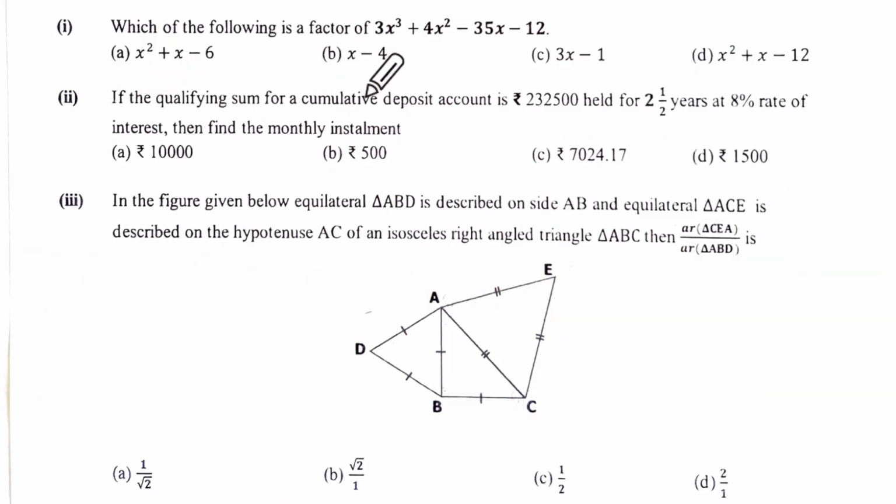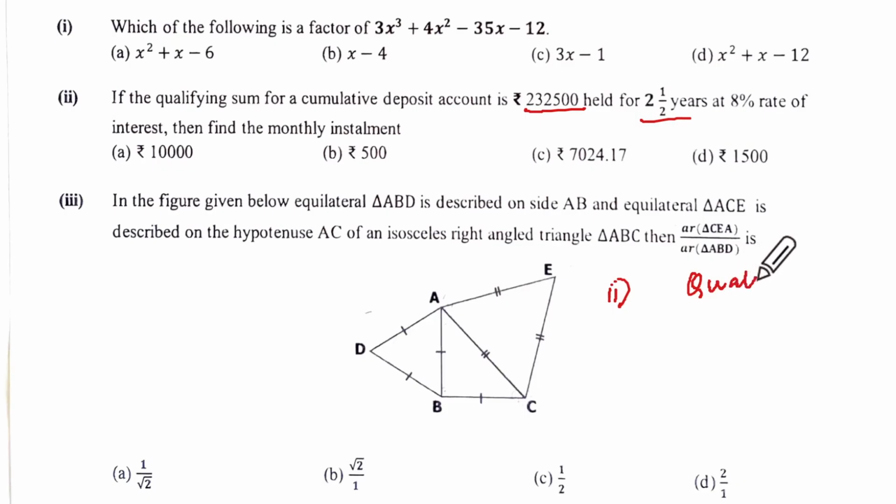If the qualifying sum for a cumulative deposit account is this, held for 2.5 years. Now qualifying sum. Remember the qualifying sum, some of you may have a problem understanding.